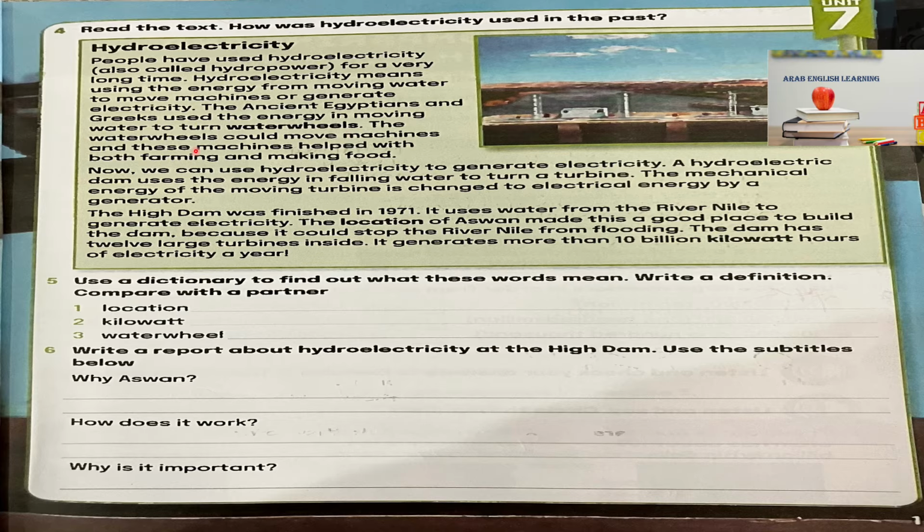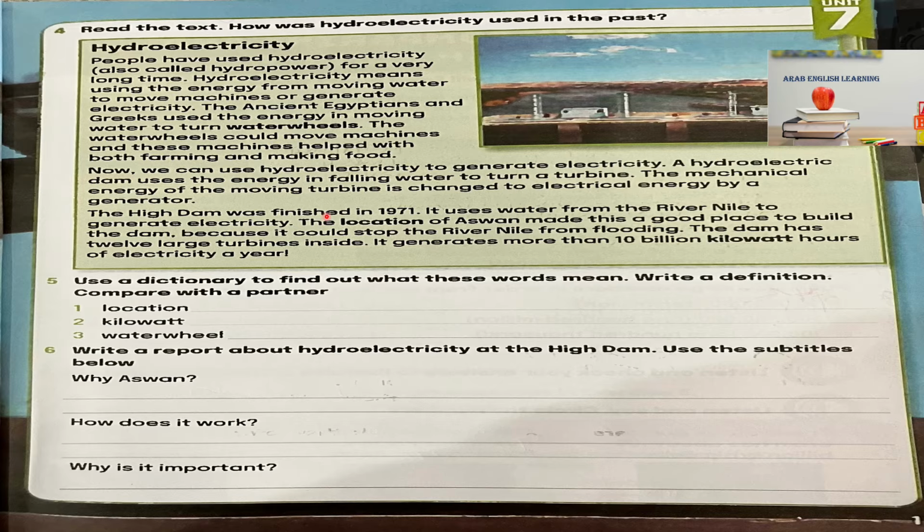The water wheels could move machines, and these machines helped with both farming and making food. Now we can use hydroelectricity to generate electricity. A hydroelectric dam uses the energy in falling water to turn a turbine. The mechanical energy of the moving turbine is changed to electrical energy by a generator.